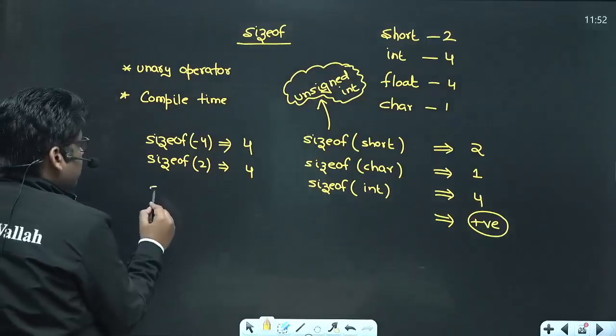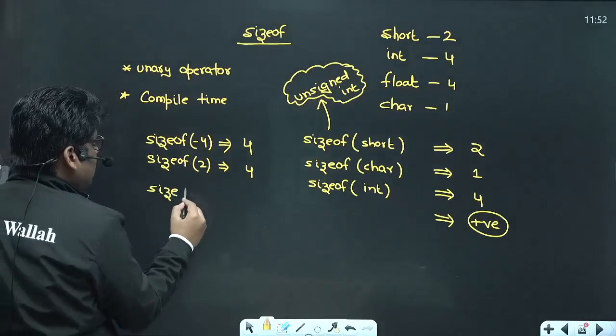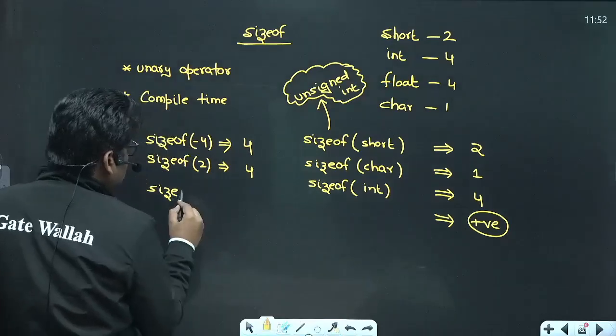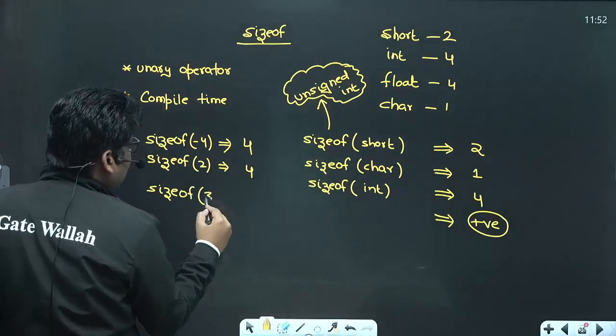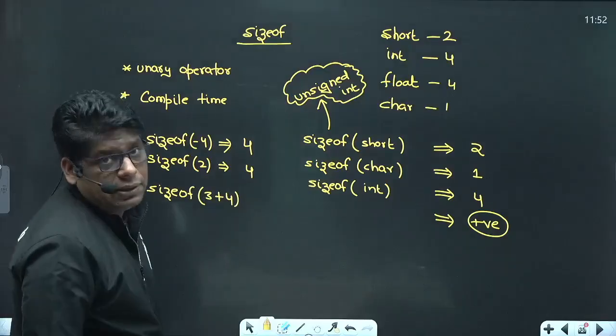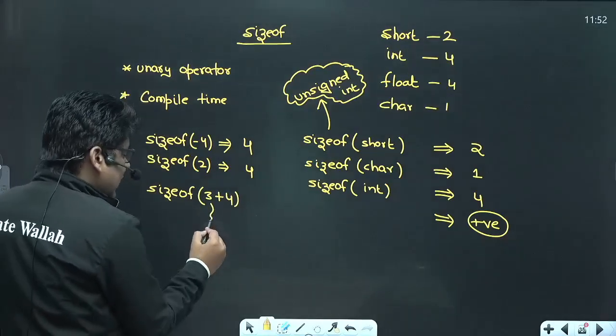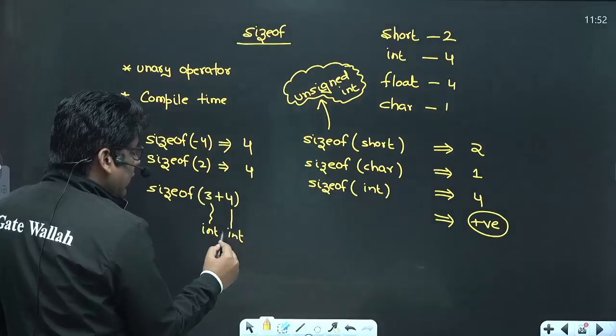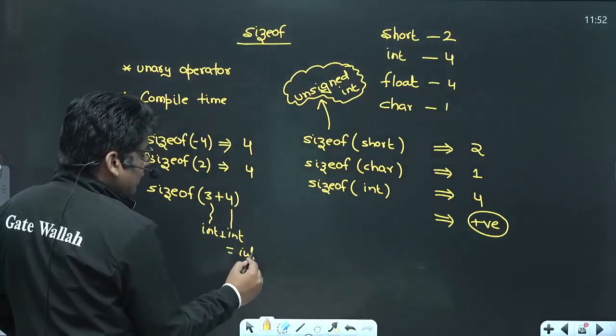Now, if someone asks me what is the size of 3 plus 4, tell me what we studied in operators. Sir, 3 is an integer, 4 is an integer, and we know integer plus integer is an integer.